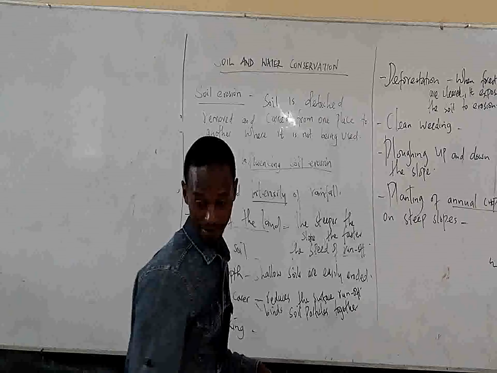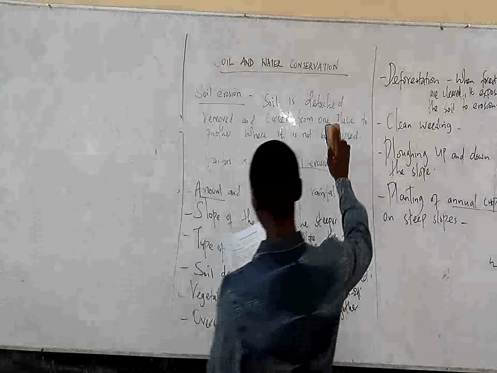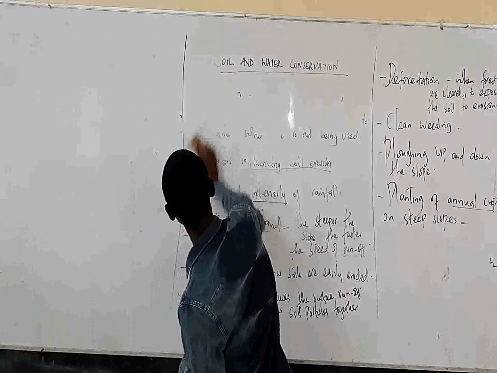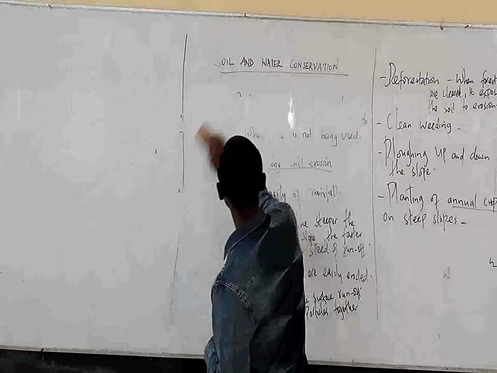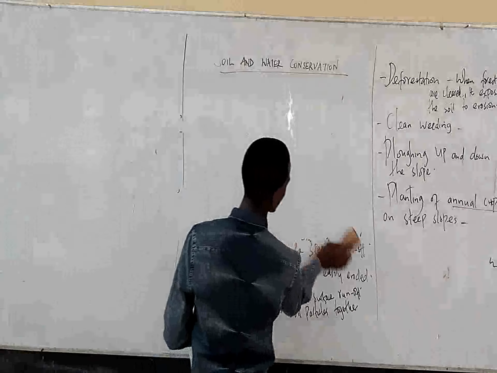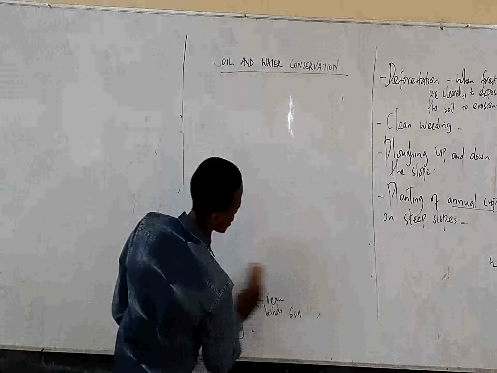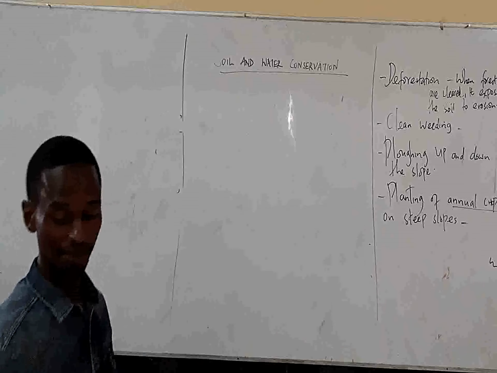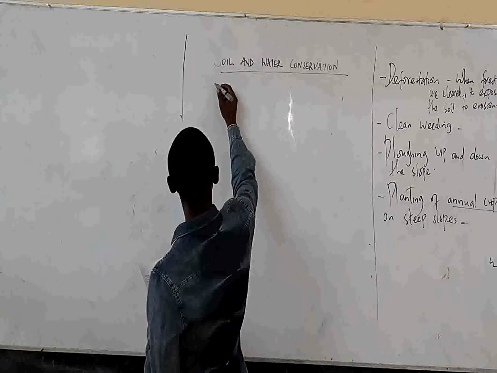So from there then we can comfortably look at types of soil erosion. How many types of erosion do we have? Or what causes this soil erosion? In what forms does soil erosion take place? So, types of soil erosion, we have various types.